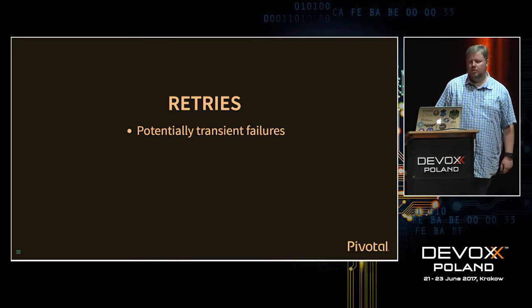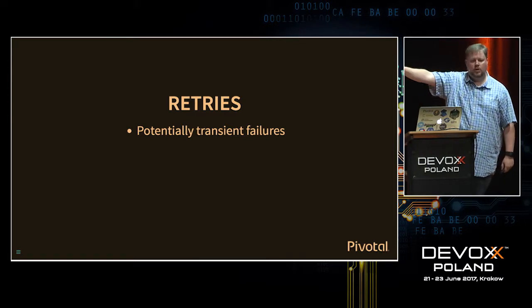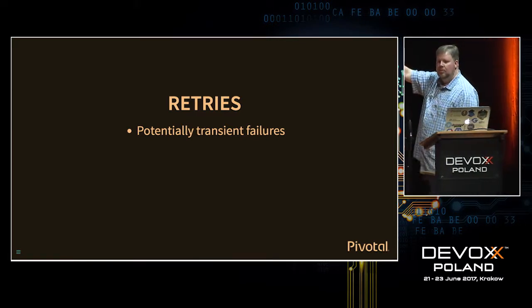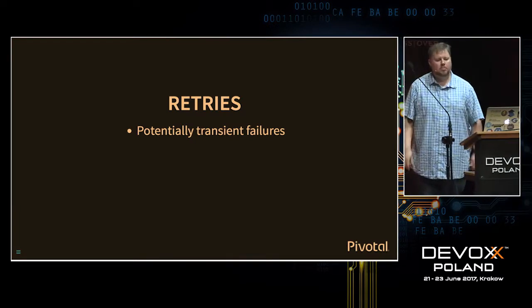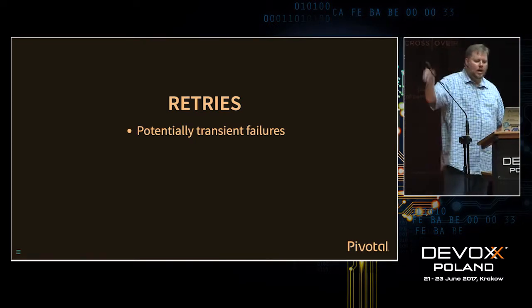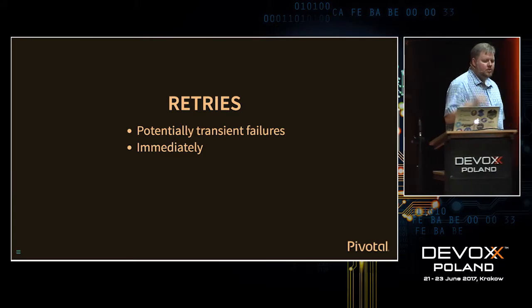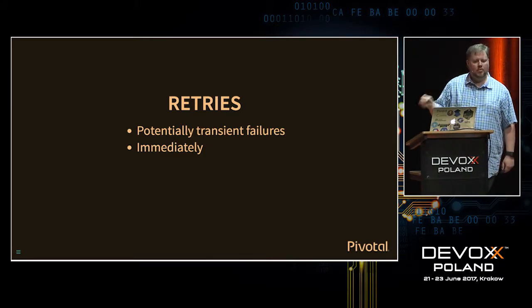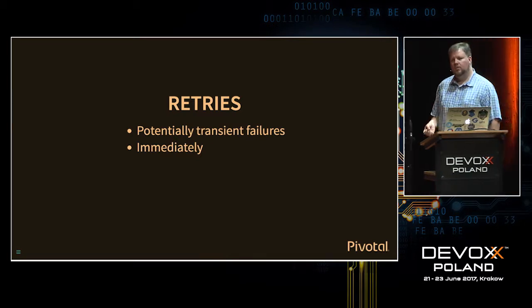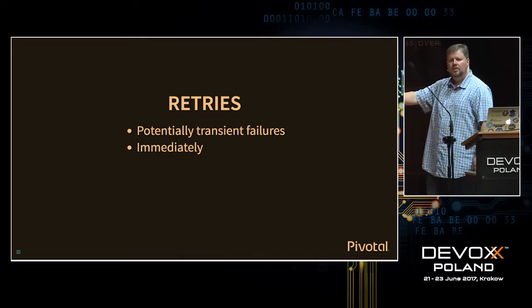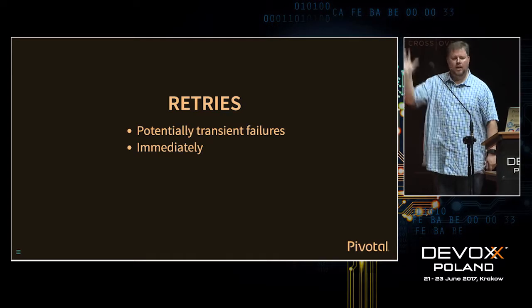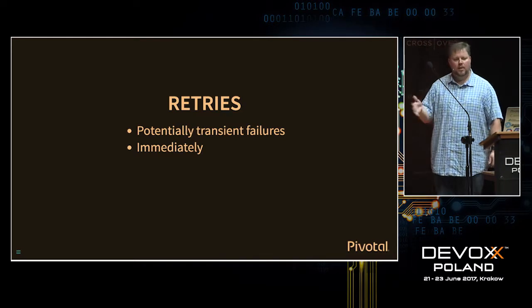So sometimes just the simple act of, hey, a request failed, instead of giving up and popping an error up to the top of the stack, we just retry that request immediately. Sometimes that's going to be enough to get us going forward again. Now, don't take this to mean that I should always retry every request that I send if it fails.